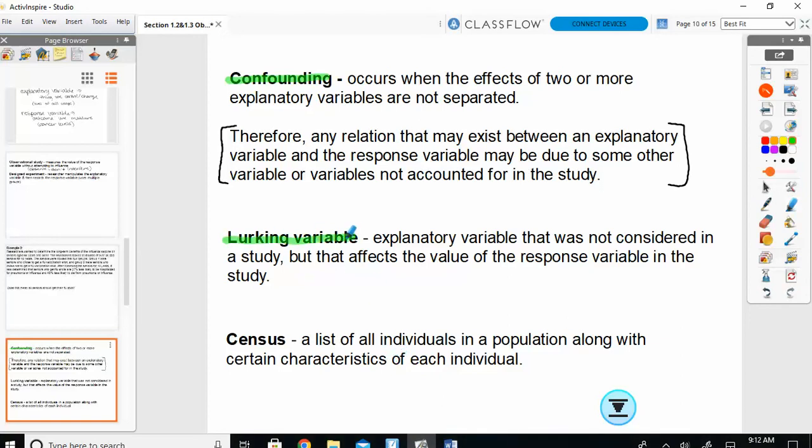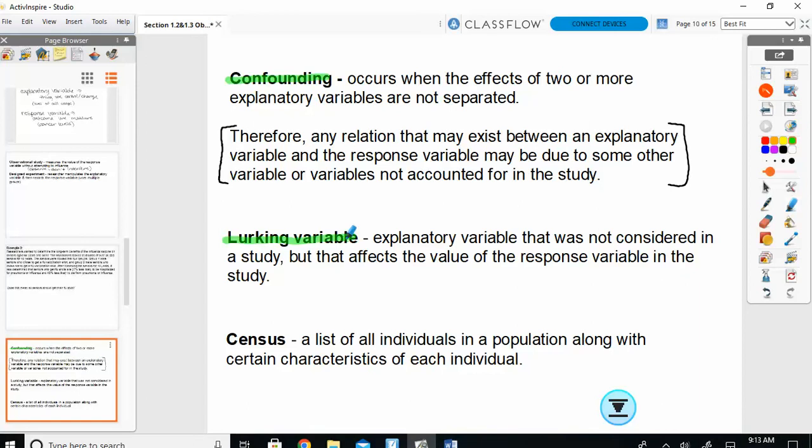There can be what's called a lurking variable. So something we didn't even think about that maybe has an impact on the study. Maybe those people that got flu shots did it because they had grandchildren they were going to be around and they didn't want to get their grandchildren sick. And maybe those having grandchildren that they were active and participating with actually had an impact on their lifespan.